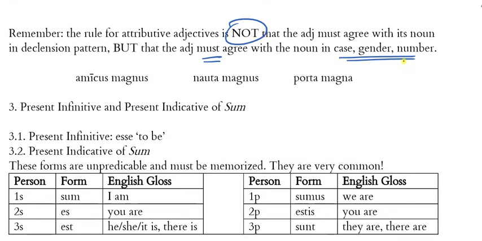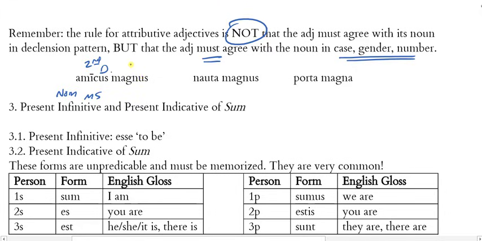And I've given you 3 examples here to illustrate the point. Here we have amicus. Amicus. This is nominative, masculine, singular. And so its adjective has to be nominative, masculine, singular as well. Notice amicus follows what declension pattern? With that U, which was originally an O, that's second declension pattern, right?